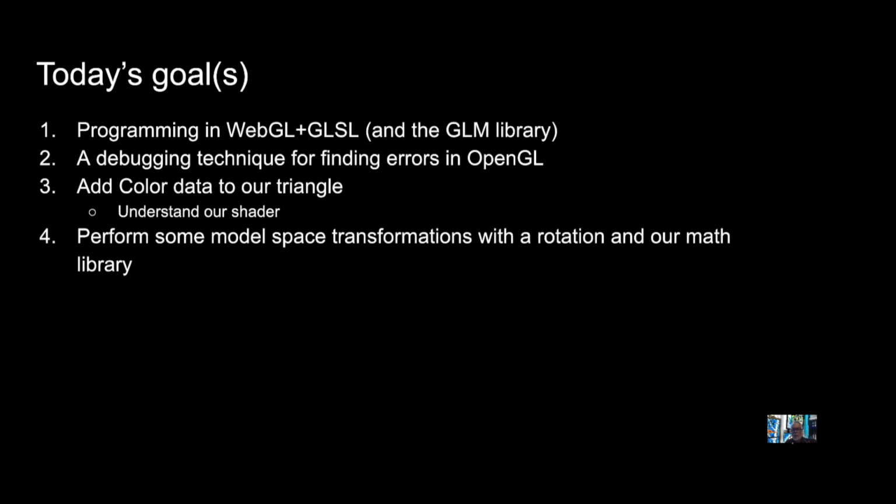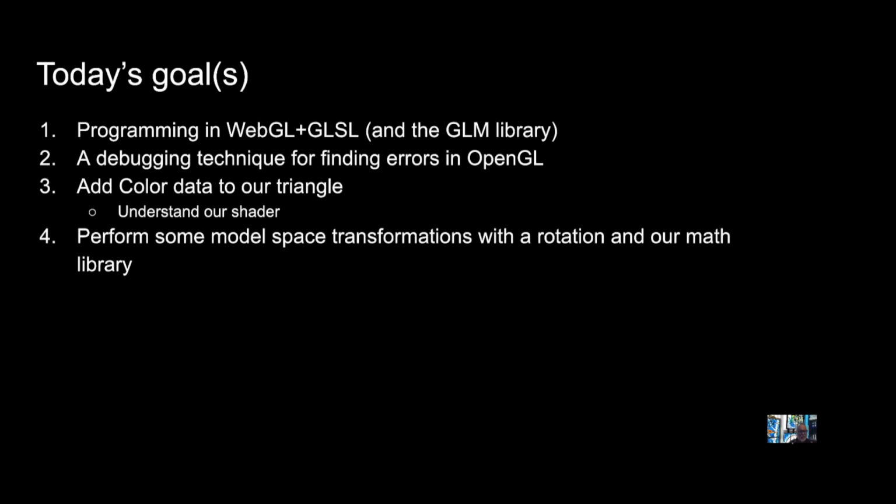Today we're going to talk about WebGL and GLSL. It's actually kind of a recap of what you did for the last assignment. It's doing it and then learning how it works. We're going to add some color. We already did that. Understand our shader.